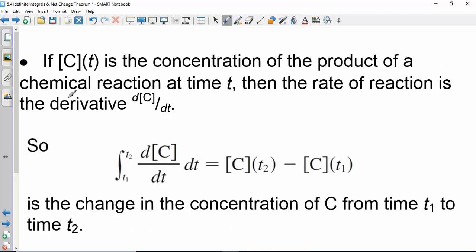If we had the concentration of the product of a chemical reaction, then the derivative is the rate of our reaction, so the antiderivative would be the amount of change in the concentration of our product. Okay, how much of it has grown or decreased in that amount of time.